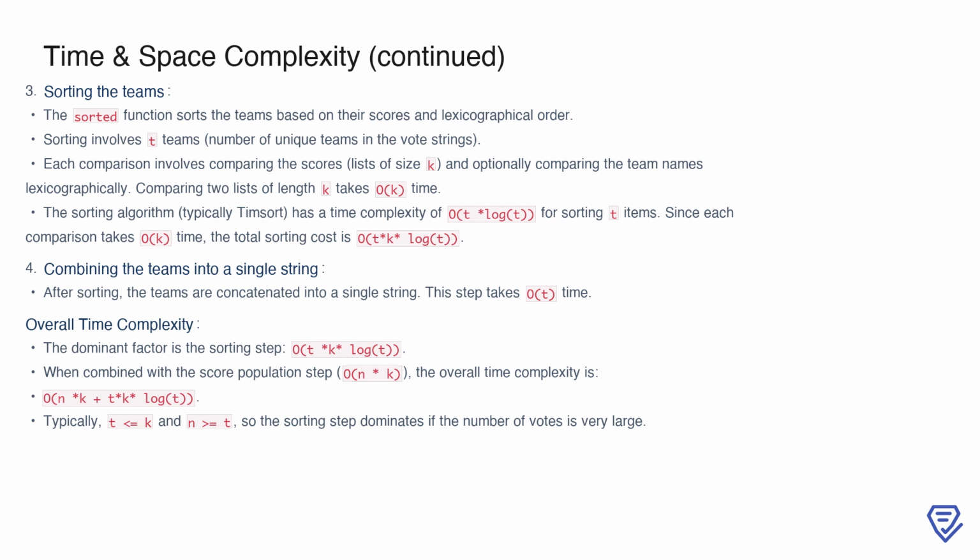Summarizing the total time complexity, the dominant term comes from sorting, which is T*k*log T. Adding this to the O(n*k) operations from score population, the overall complexity becomes O(n*k + T*k*log T). In scenarios with a large number of votes, the sorting step typically dominates.